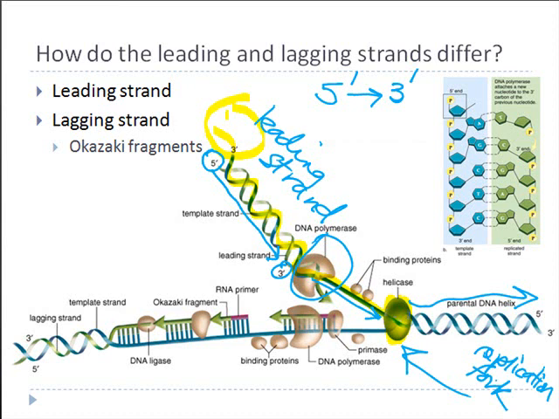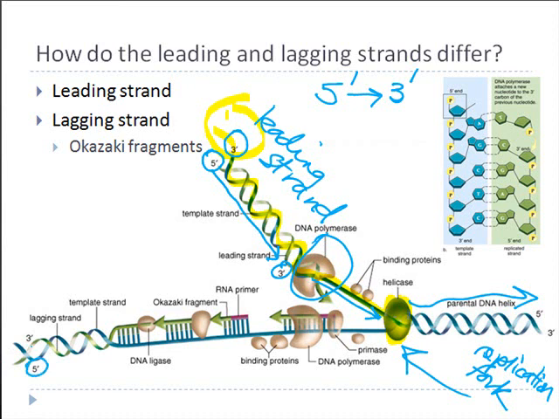Things are a bit more complicated on the lagging strand. Remember, I told you that DNA is anti-parallel. So if we have the parent 3' end here, that means that for the parent strand on this side, we end in the 5' end.